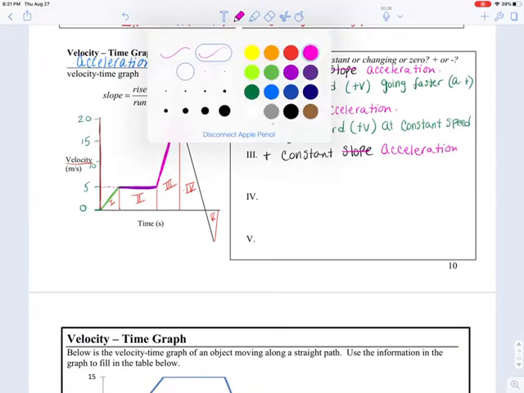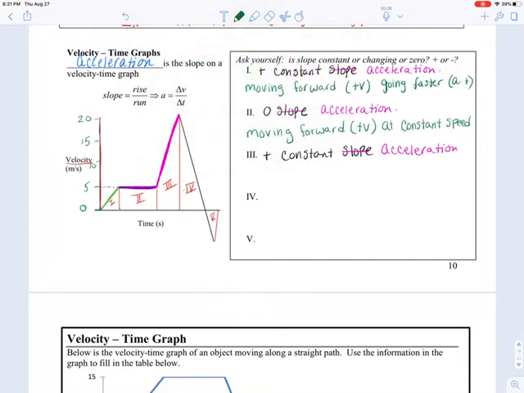And the way that I would describe this motion is I'm still in the positive area of the y-axis, so I'm still positive velocity or moving forward. And getting faster. And how do I know I'm getting faster? Because my slope or my acceleration is also positive.